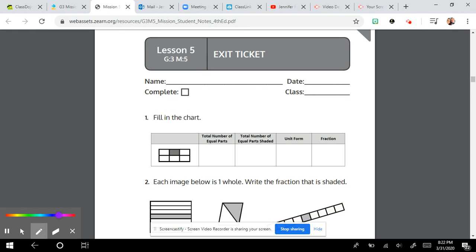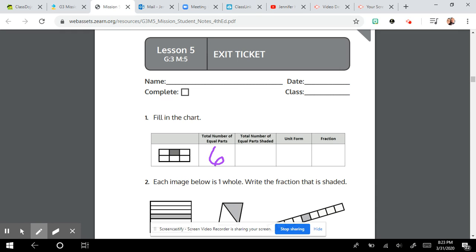Let's take a look. We have a chart and there is a rectangle. They want to know the total number of equal parts, the total number of equal parts that are shaded, the unit form, and the fraction. So we have total number of equal parts: 1, 2, 3, 4, 5, 6.